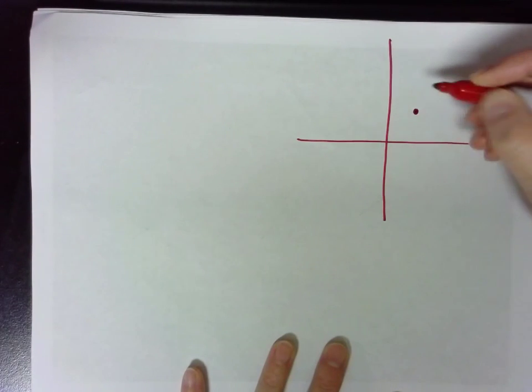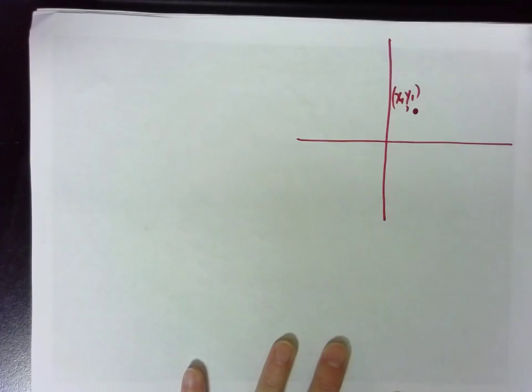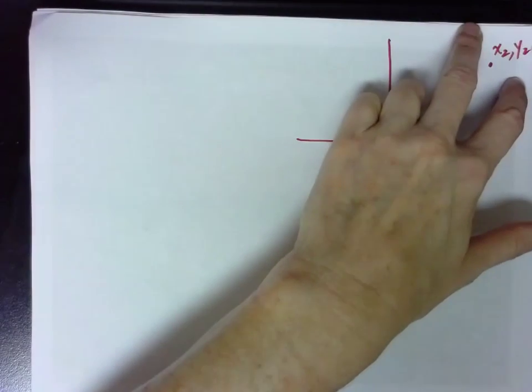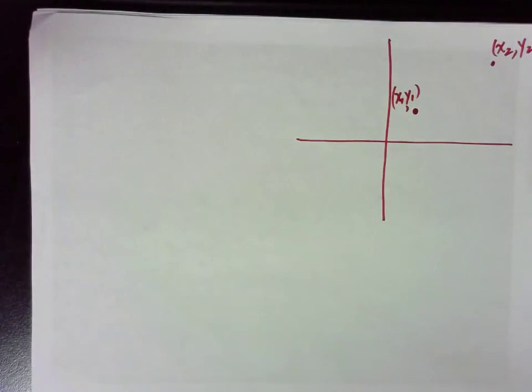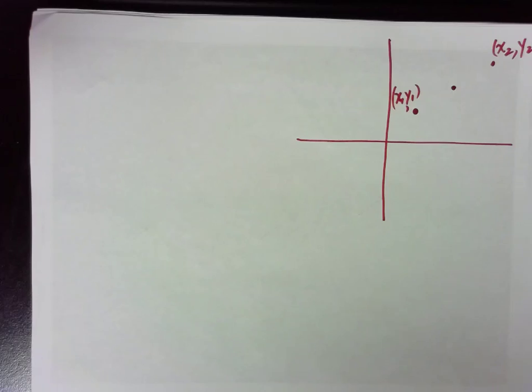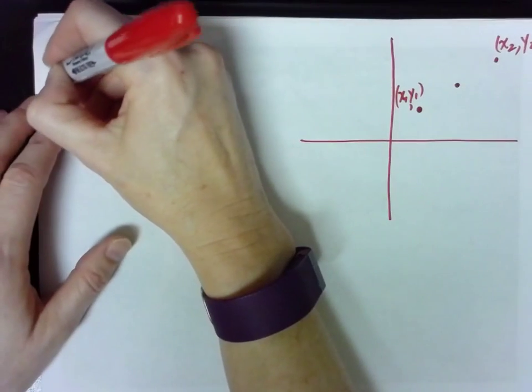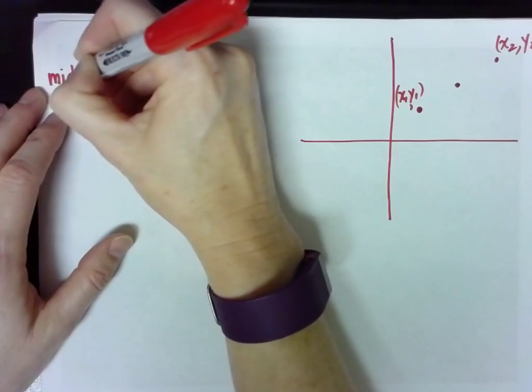Let's say this is x1, y1, and this is the point x2, y2. And I want to find the point that's exactly halfway in between. Now, if you recall, find the midpoint.